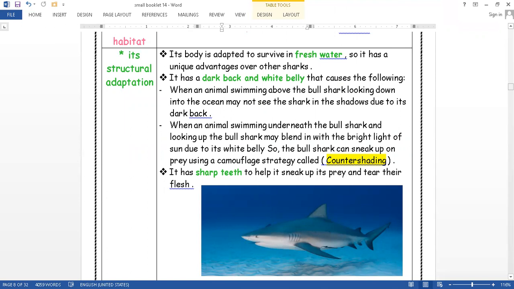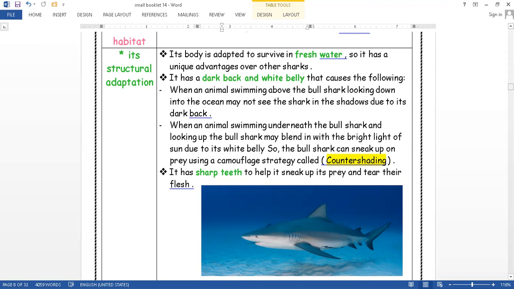Why, Junior 4? Because if any animal is swimming above the bull shark and looks down, they see the shark in the shadow, so it seems dark, and they can't identify the bull shark and can't hunt it. So now I can say that the bull shark has this adaptation.